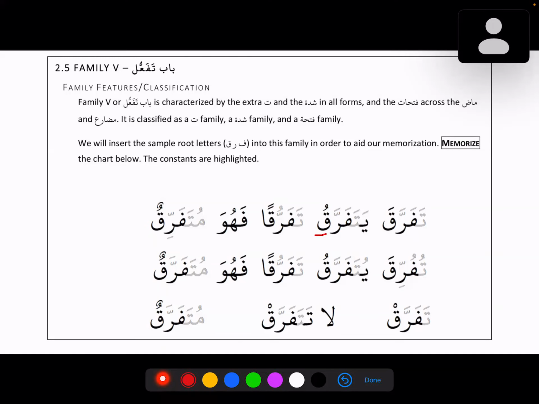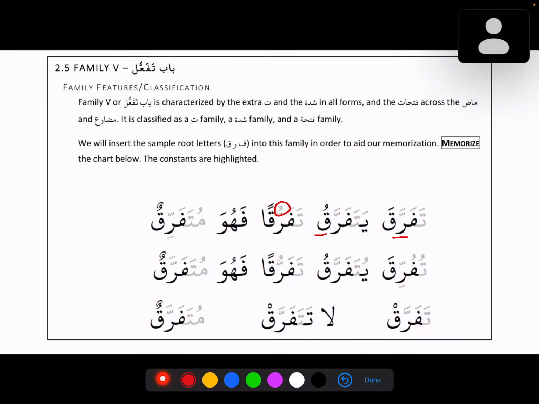Tafarraqa yatafarraqu and then tafarruqan. We need to remember that when we have a masdar from this family, the middle root letter is going to take a Dhamma. Tafarraqa yatafarraqu tafarruqan fahuwa mutafarriqun.